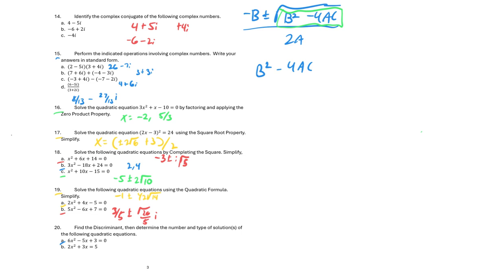In this case, the discriminant will be negative 5 squared minus 4 times 6 times 3. And when we put that in our calculator, we get negative 47. So with that, we get 2 complex, not real, values.